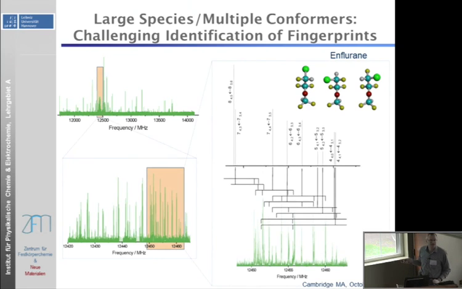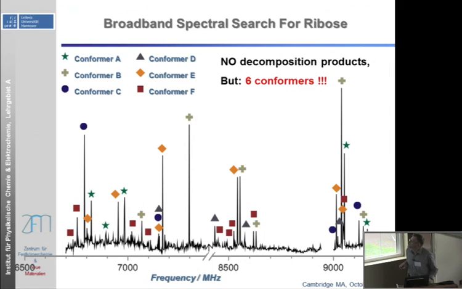But we can assign every single line with 100% certainty, more or less, because most of them are really unblended. And once you have your fit running, we really know this fit worked, and so you can identify those lines, even if it's very, very dense, as we expected in ribose.